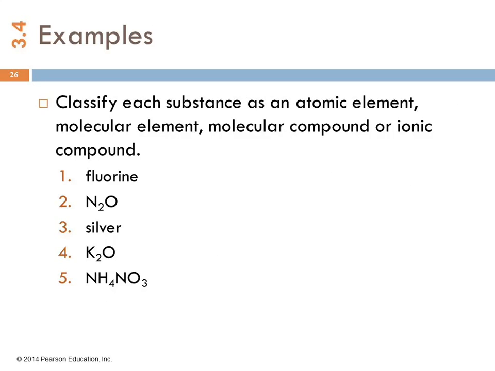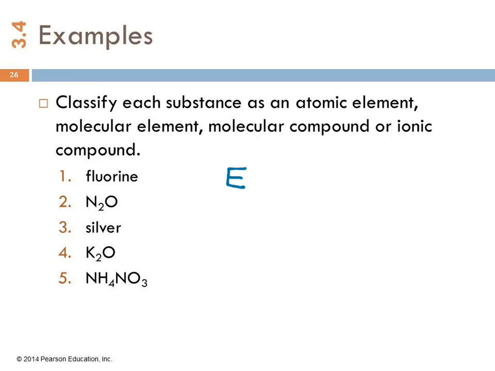So we're going to classify these guys. Atomic element, molecular compound, or ionic compound. So number 1, first of all, element or compound? Element. How do we know? Because we know it's fluorine, it's an element.